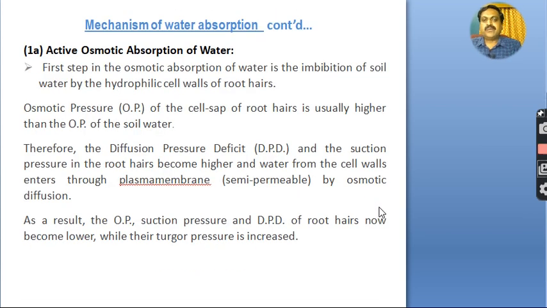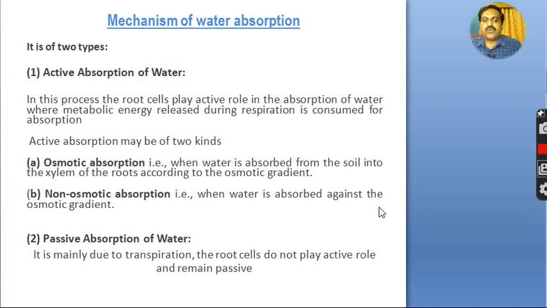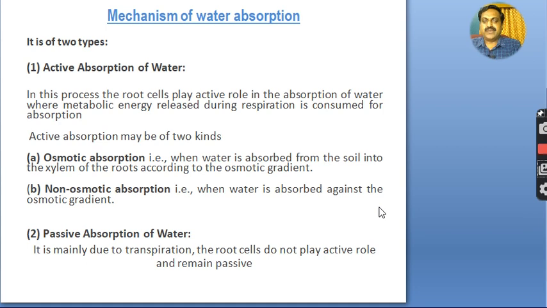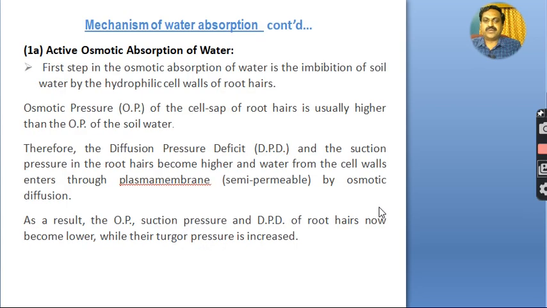Coming to the mechanism of water absorption, as I said already, it is of two types: active absorption and passive absorption. If we consider active absorption, it is again of two types, osmotic and non-osmotic.